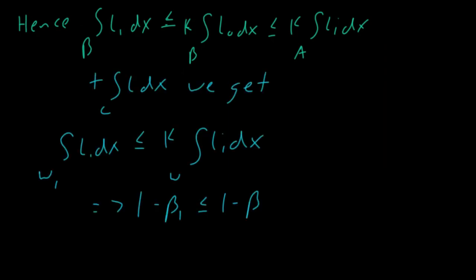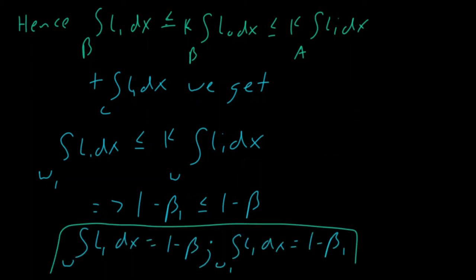By adding the integral across C of L1 dx, we get that the integral across W1 of L1 dx is less than or equal to K times the integral across W of L1 dx, and this implies that 1 minus beta 1 is less than or equal to 1 minus beta because of our earlier definitions. So, by the definition of the most powerful test, we can conclude that W is the most powerful critical region of size alpha.